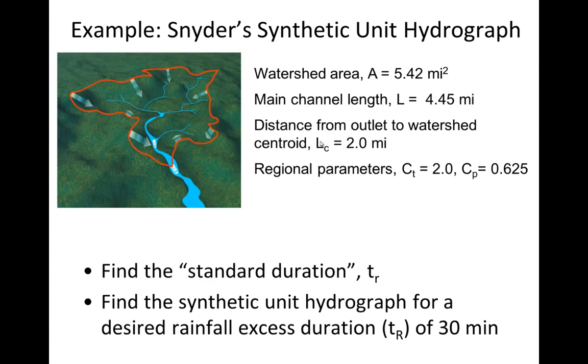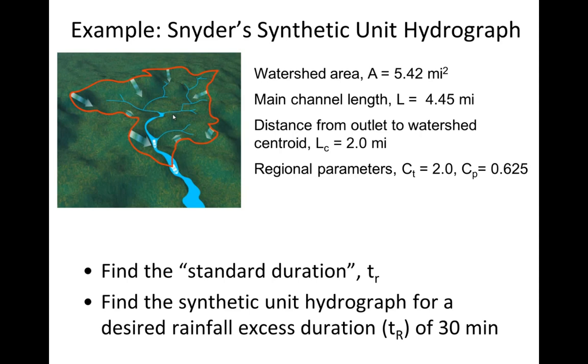This L sub C is a little bit more abstract. That distance is how long from the outlet to the centroid of the watershed. In the book they describe it as a mirror image distance from the outlet to the point opposite the centroid, but essentially that's the same thing as saying the distance from the outlet to the centroid of the watershed itself, the center of area, and that accounts for the shape of the watershed.